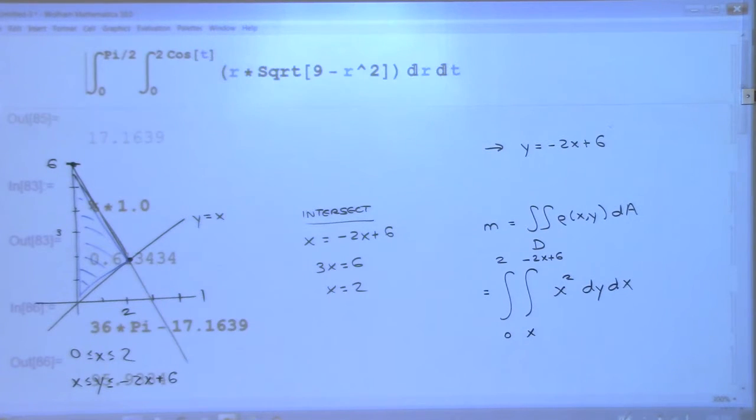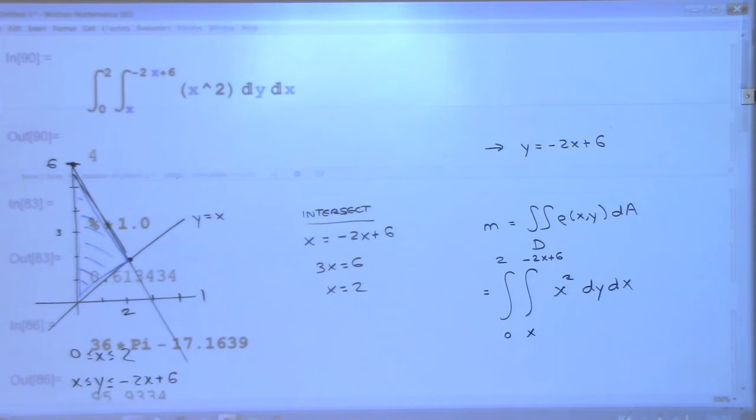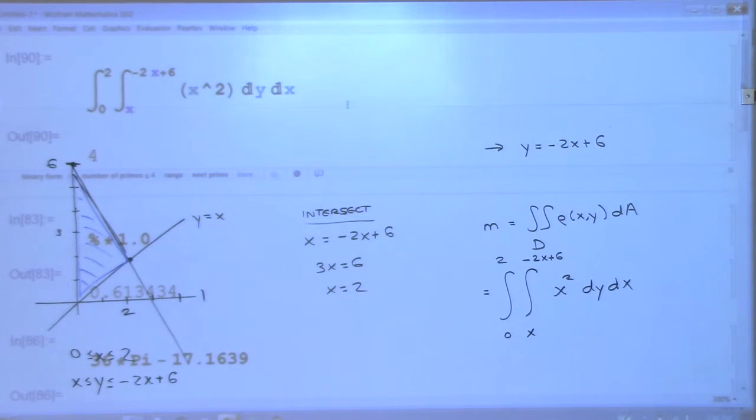Do it quickly here. 0 to 2, and then negative 2x plus 6. The bottom one is x. We're just doing x squared, dy dx, and you get 4. So this integral comes out to be 4 after you do all the work. Okay? All right, now that's mass.